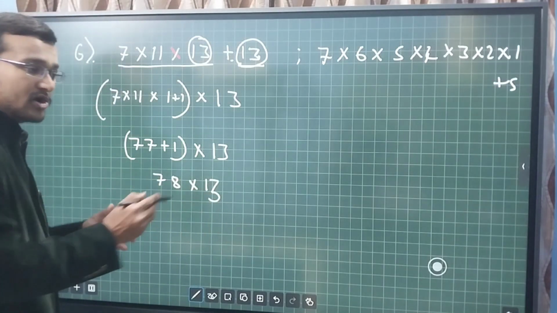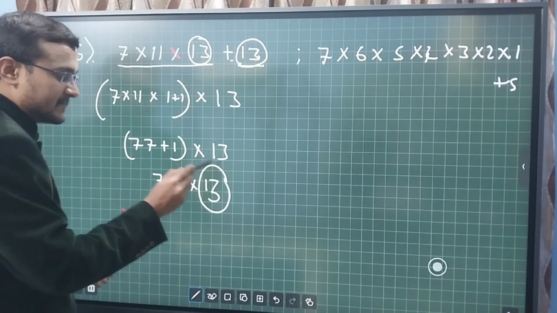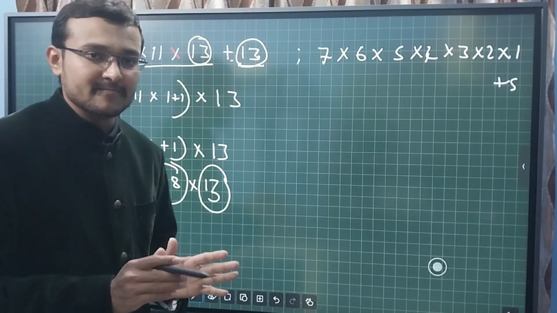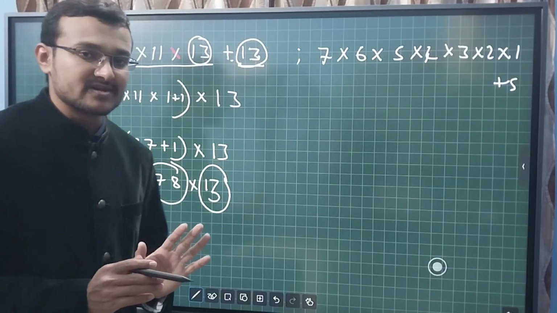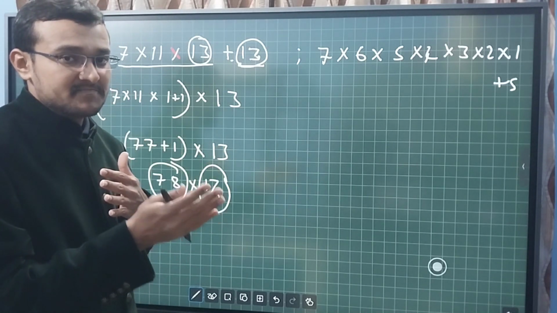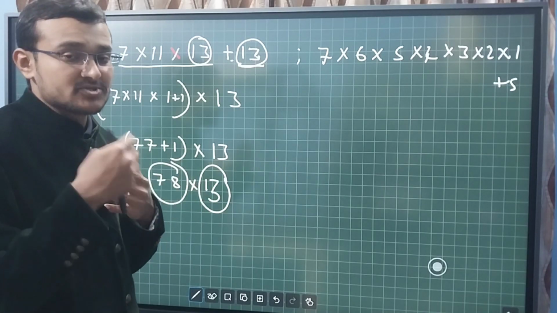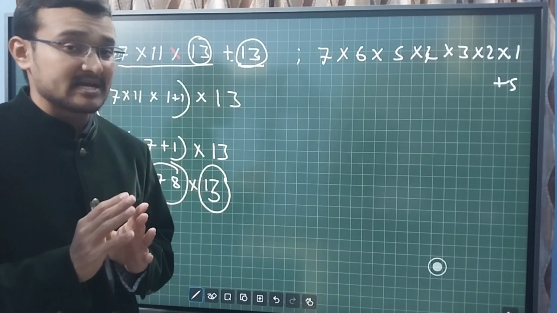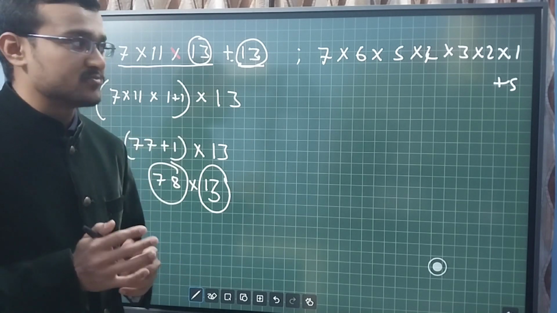So that means already we are getting one factor which is not itself or 1. If you do 78 into 13, whatever big number you get, that number will have factors of itself and 1. Only if these two numbers are the factors of a particular number, then that is a prime number. Other than that, it is a composite number.